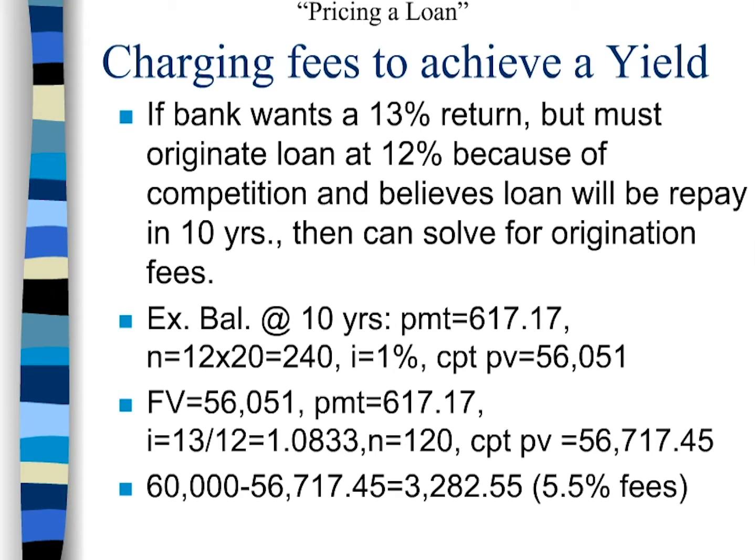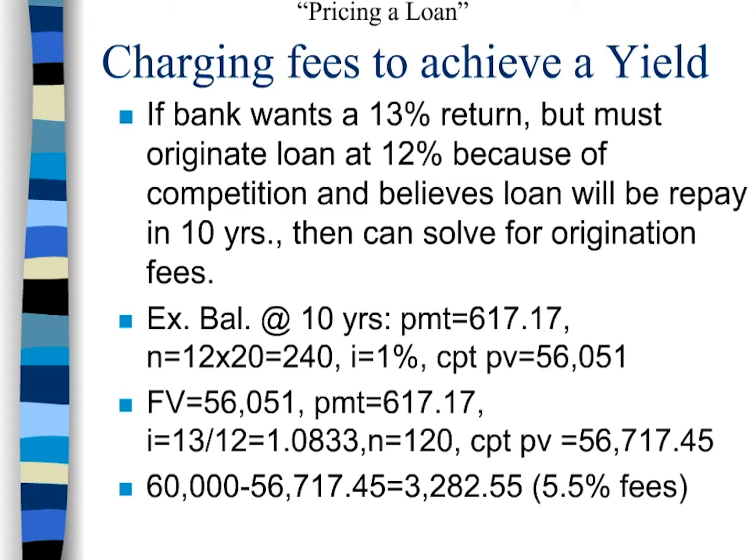So first thing they do is say, again, this is a $60,000 loan, so what would the balance be at the end of 10 years? At the end of 10 years, you would have 20 years left, so 20 times 12 is 240.